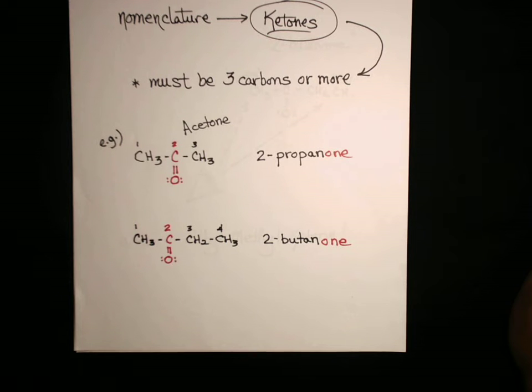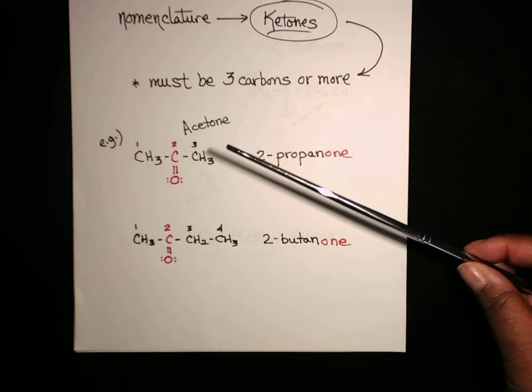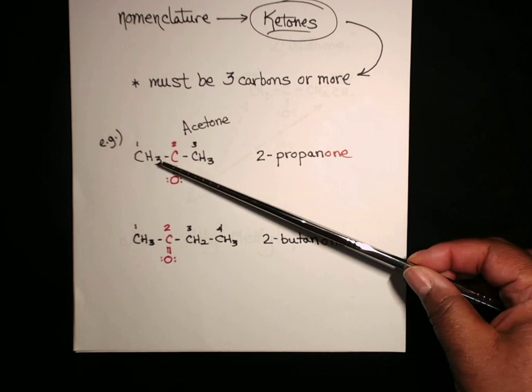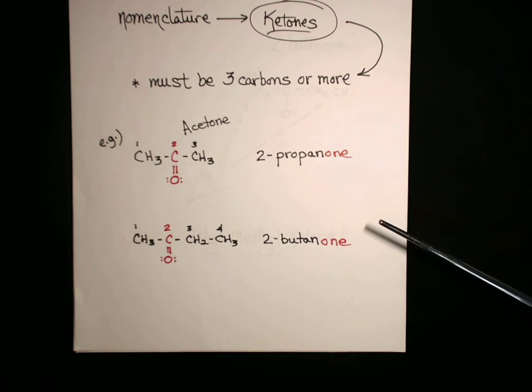Now, as with aldehydes, we are still going to be considering the longest continuous chain of carbons. I'm going to amend that just a little bit and say the longest continuous chain of carbons that bears the carbonyl carbon.